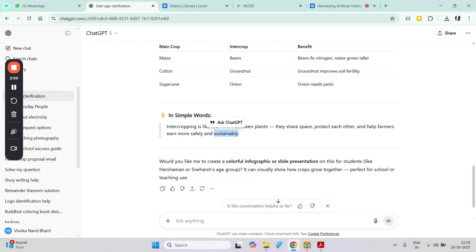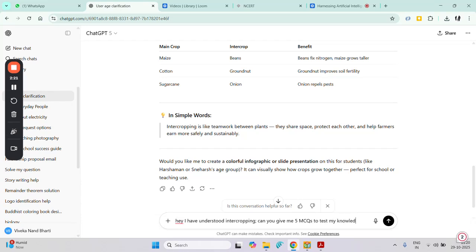You can also ask a follow-up question. For example, you can ask, "Hey, I have understood intercropping. Can you give me 5 MCQs to test my knowledge?"